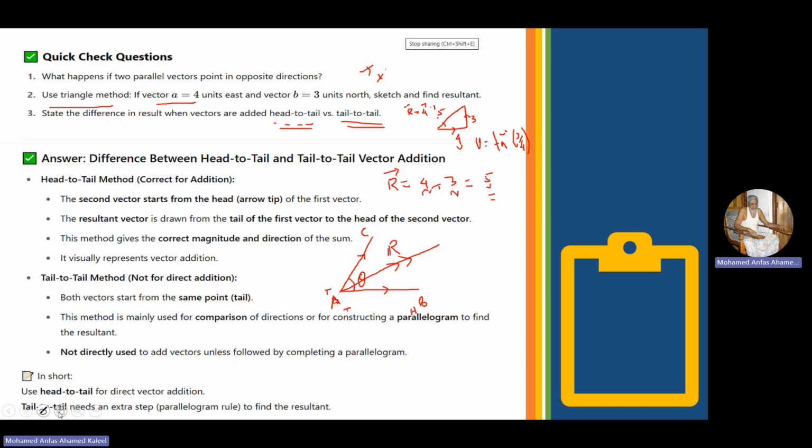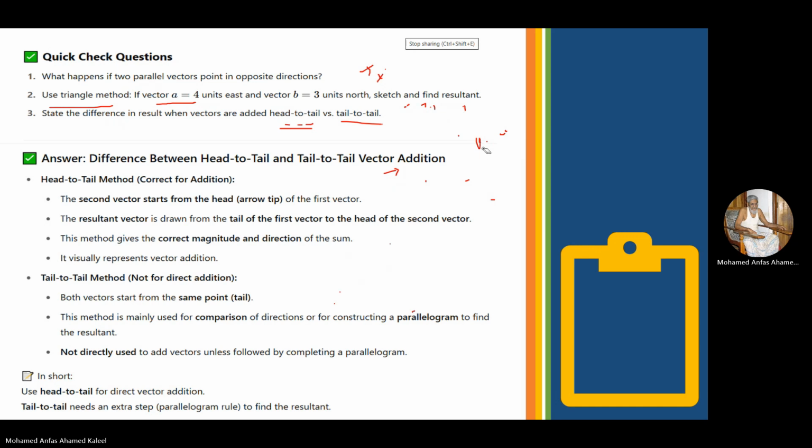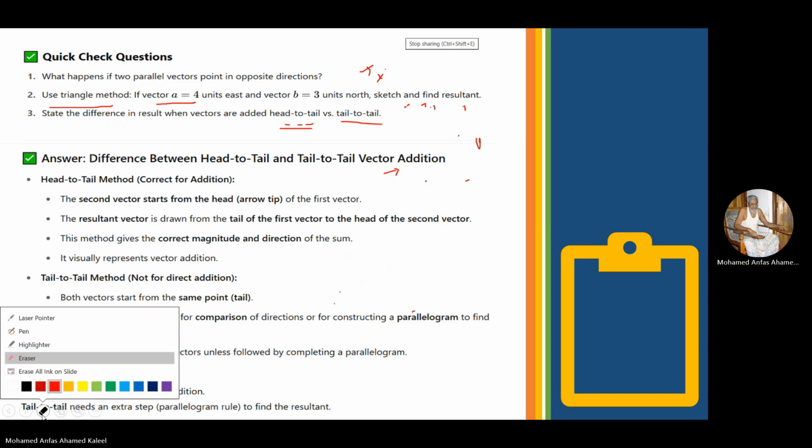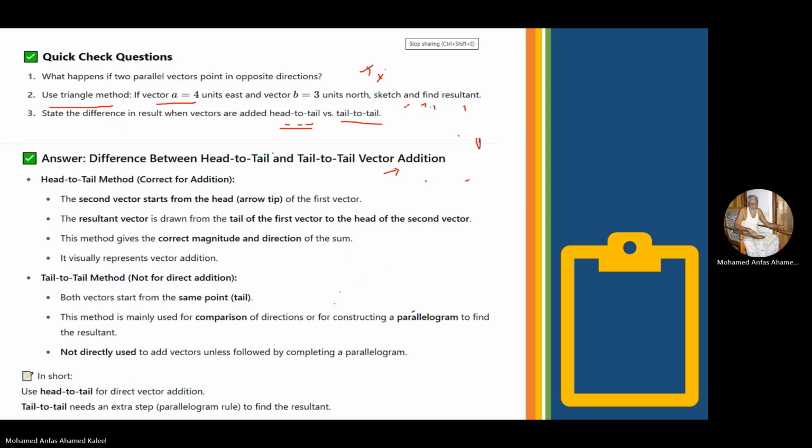For vector addition, for an example, with head to tail, geometrically only you can find the results.